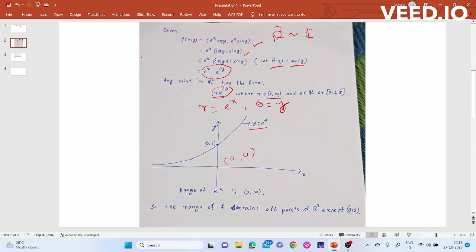So the range of the function f, which takes the form e to the power x times e to the power iy, does not contain the 0 point. This 0, 0 cannot be included. All other points can be included because the range of e to the power x is the open interval 0 to infinity.